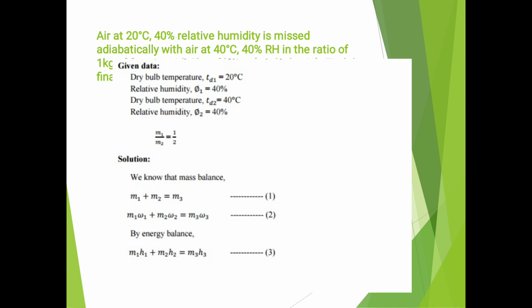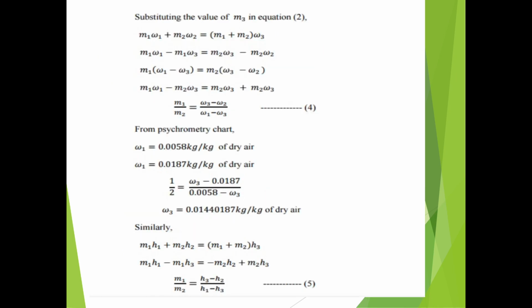We know that the mass balance is M1 plus M2 is equal to M3. So based on the mass fractions, M1 omega 1 plus M2 omega 2 is equal to M3 into omega 3. By energy balance, M1 H1 plus M2 H2 is equal to M3 H3. Next, substituting the value of M3 in equation number 2, we can find that M1 W1 plus M2 W2 is equal to M1 plus M2 into omega 3.